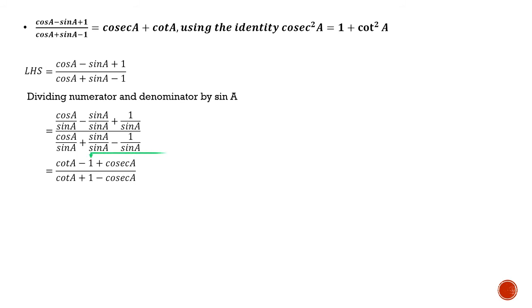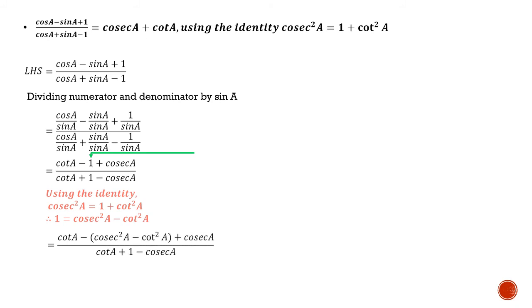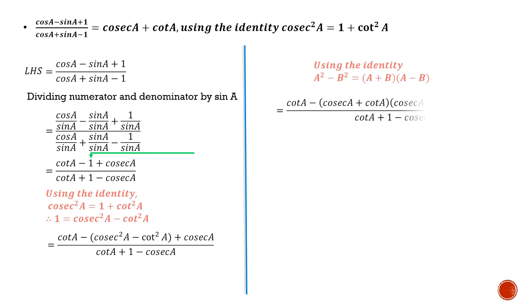Okay. Now we will be using this 1 and we will be writing this 1 as cosec square A minus cot square A, because that is what the question has asked us to do. So it will be written in this way now. Okay, let's see what comes next. Once again we have to use the identity a square minus b square to solve that bracket, which will be equal to this. And this cot A and cosec A can also be written together now.